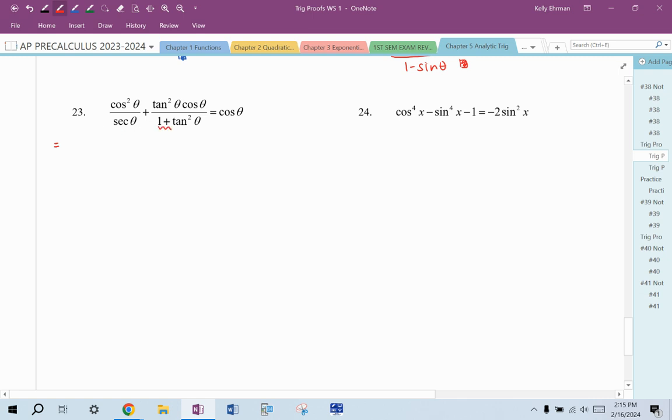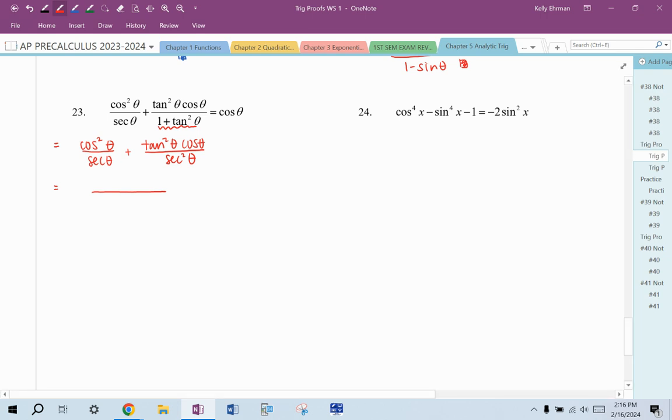So I see 1 plus tangent squared. So I'm just going to make that change. Cosine squared over secant theta plus tangent squared theta times cosine theta, all over secant squared theta. Now again, I might be doing this differently than I did in my answer key that I posted. Normally, I would change everything to sine and cosine to see what I'm working with.